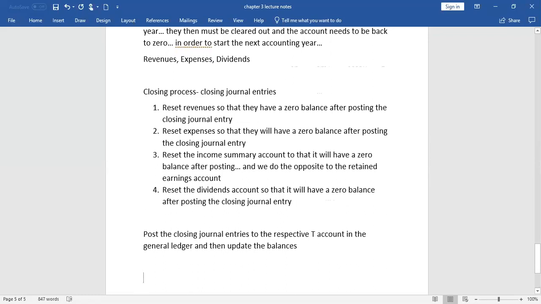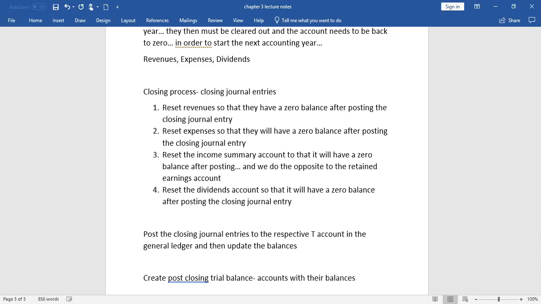And then the very last step, just like any other time we post to the T accounts and find new balances, we're going to create our final trial balance for the accounting year, and it's called the post-closing trial balance. Post meaning after, so after you've posted all your closing journal entries, here's where your accounts with their balances stand.